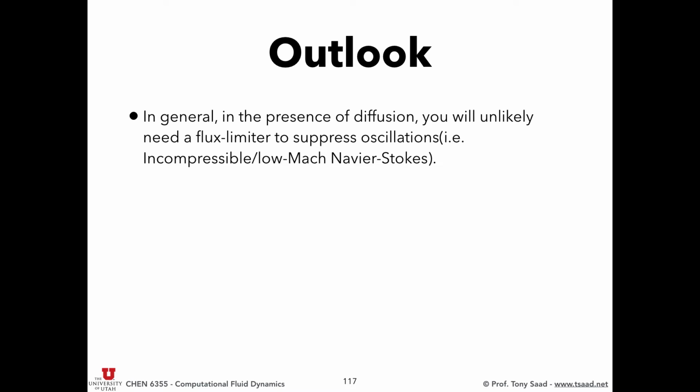It's in the limit of very large Reynolds number where you start seeing oscillations. Then you may want to use limiters, but you can use something different, and that's turbulence models, which effectively add diffusion. That's equivalent to using a central scheme and artificial dissipation, except that the dissipation in turbulence is actually a model for how turbulence behaves.